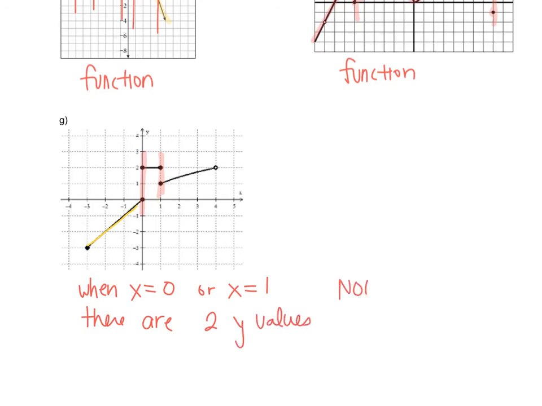So this is not a function. This is not passing the vertical line test, and it's not passing the definition of a function. So this right here is only a relation. Something to remember: every single one of these examples was a relation, but some of them were functions because each x had only one y.